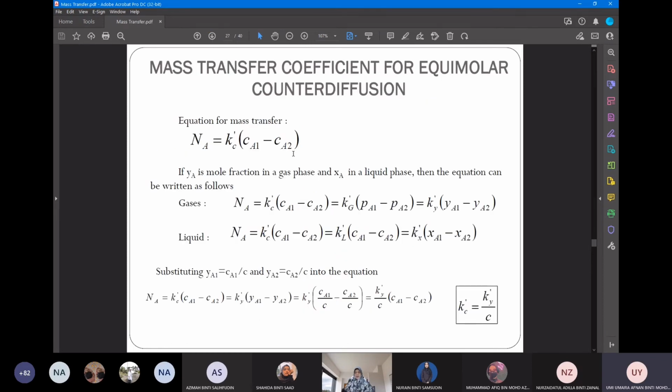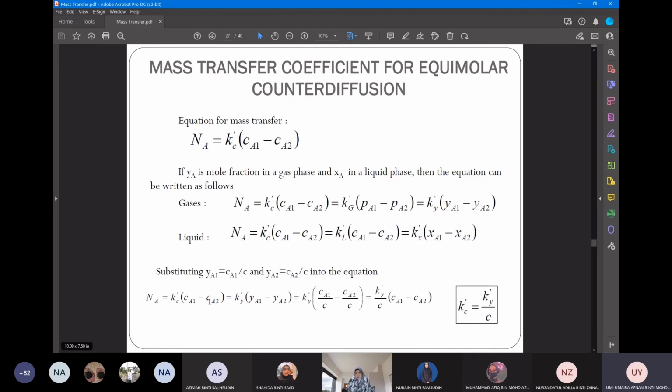So you are using the symbol Kc prime. If you're dealing with gas, you use the symbol Ky prime. If you are dealing with liquid, you present your coefficient as Kx prime. So Y is for the gas, X is for the liquids.